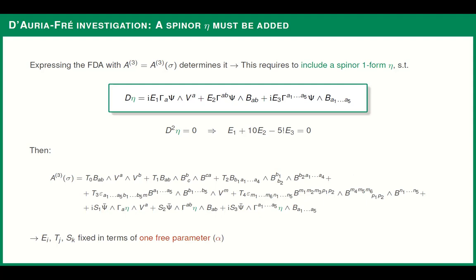We require again the A3 of sigma to be equal to the psi combination that we have seen before for the free differential algebra. And we get that indeed, yes, we find a result: all the coefficients appearing in this expression are actually fixed in terms of a single free parameter. And I will also tell you briefly at the end what this parameterizes.